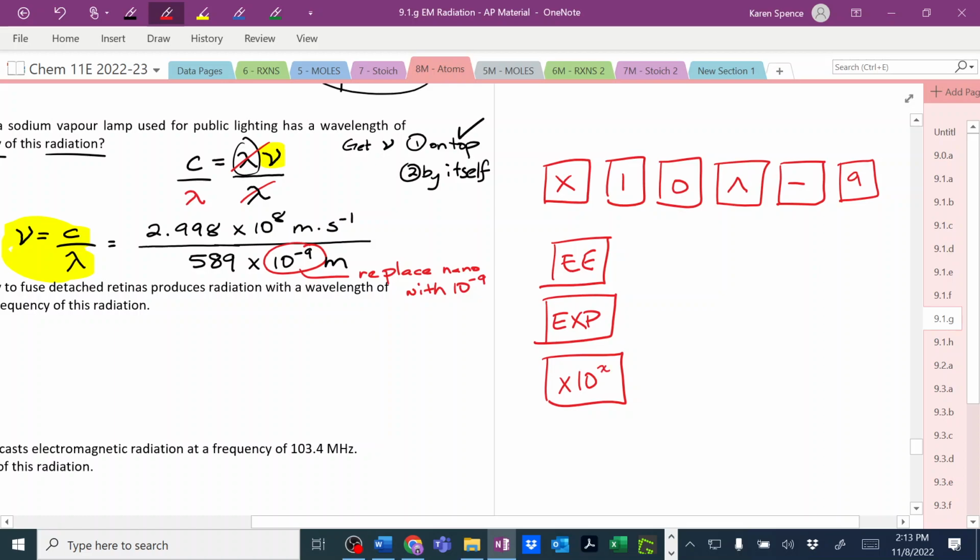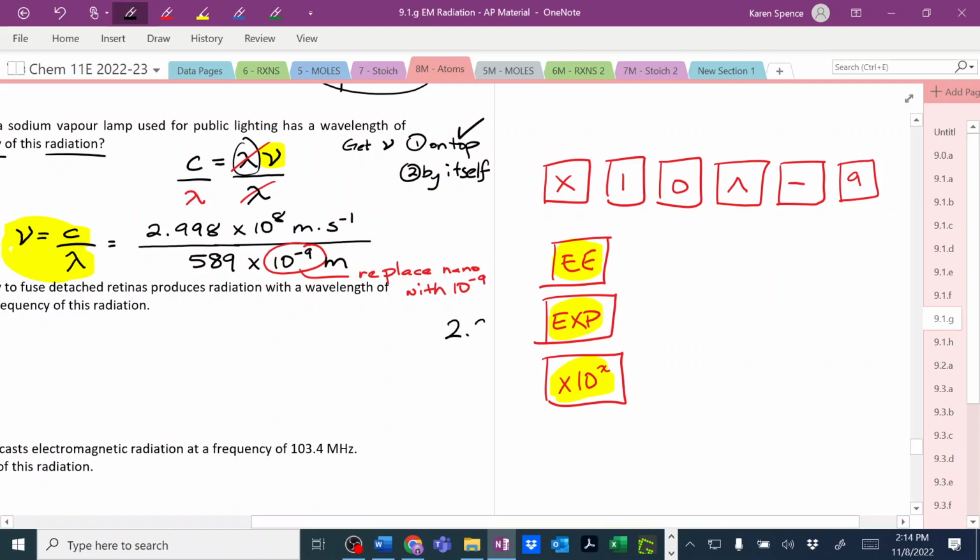You should be using one of these three buttons. They're all labeled differently on the calculators, and what they will do is automatically bracket that whole thing for you.